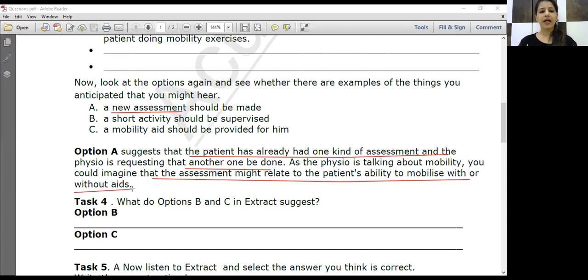For example, the physiotherapist may say that, so far she has been working with crutches, but today when she walks in the evening, please observe or please try if she can walk with a wheel walker, okay, or a walking frame, for example.